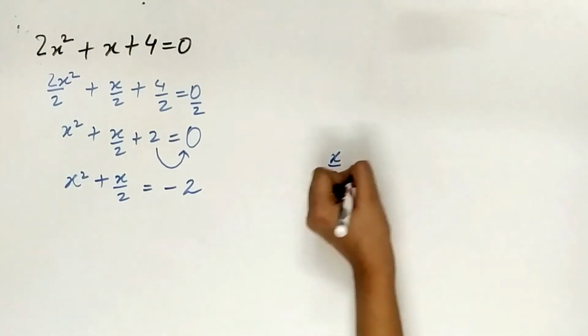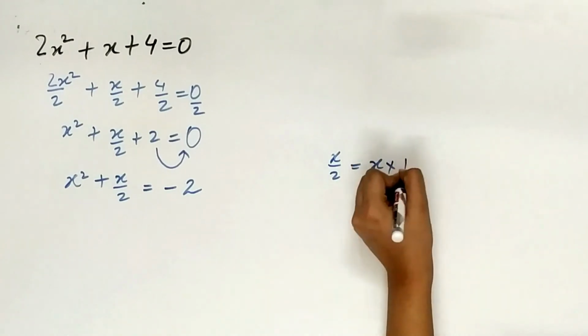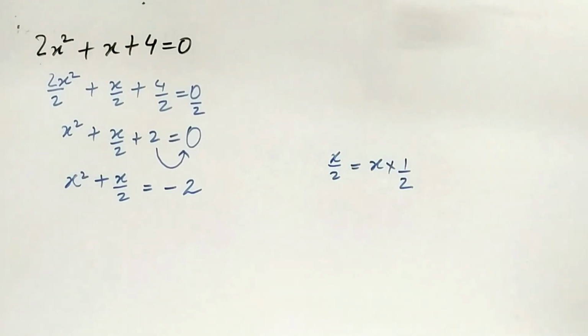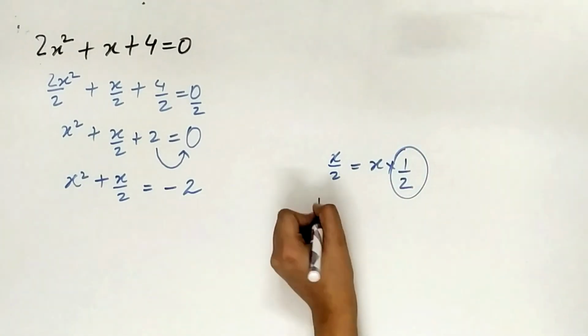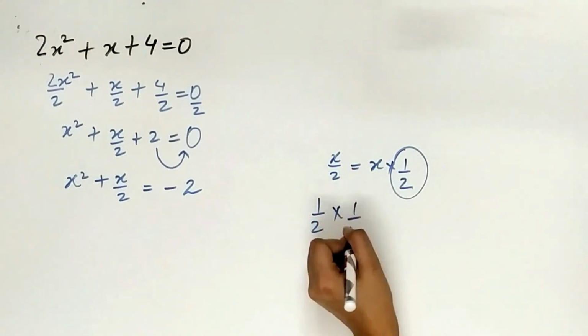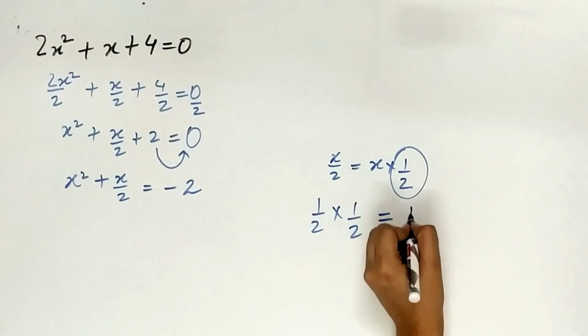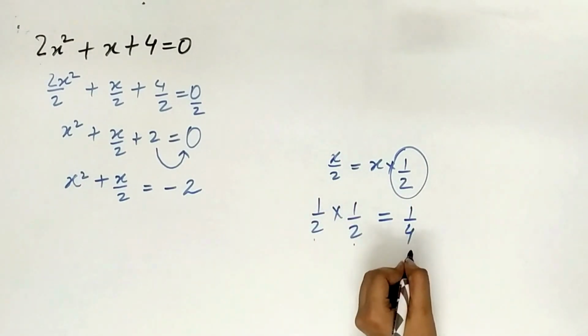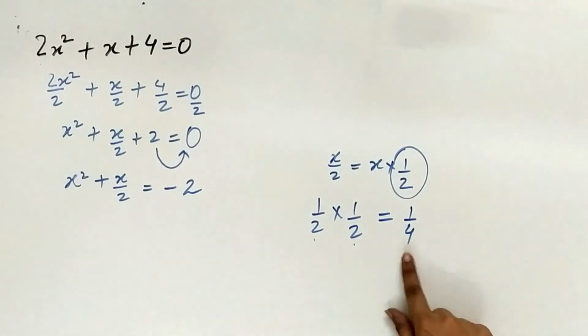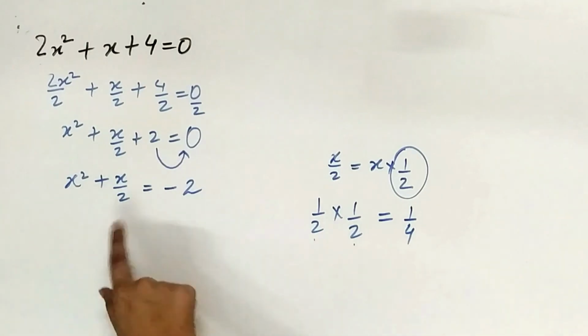So x by 2 can be expressed as x multiply 1 by 2. So what is the coefficient of x? Exactly 1 by 2. 1 by 2 multiply 1 by 2 is 1 by 4. 1 multiply 1 is 1, 2 multiply 2 is 4. Now add the square of 1 by 4 to both sides of the equation.